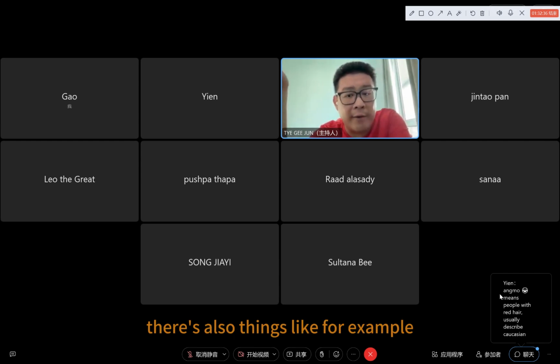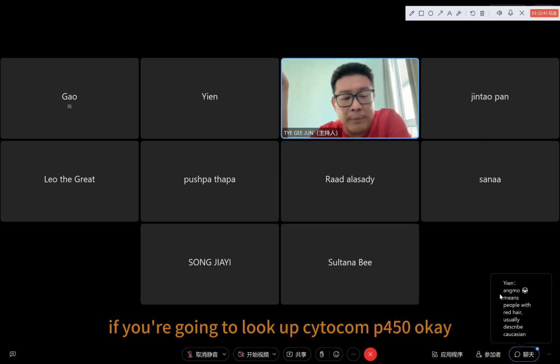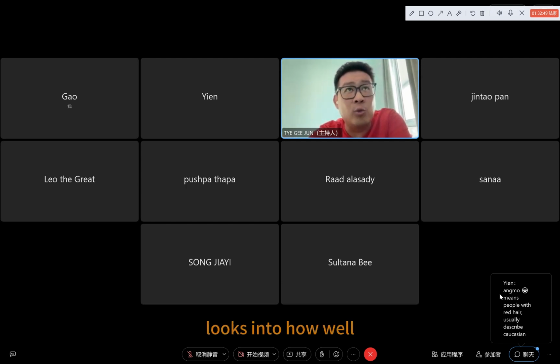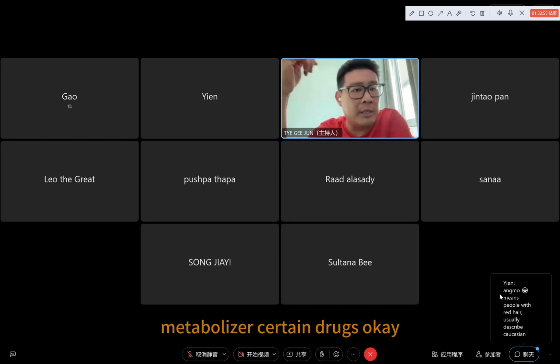There are also things like pharmacokinetics. If you look up cytochrome P450, that is an enzyme measurement that looks into how well your body metabolizes certain drugs and how badly your body metabolizes certain drugs.